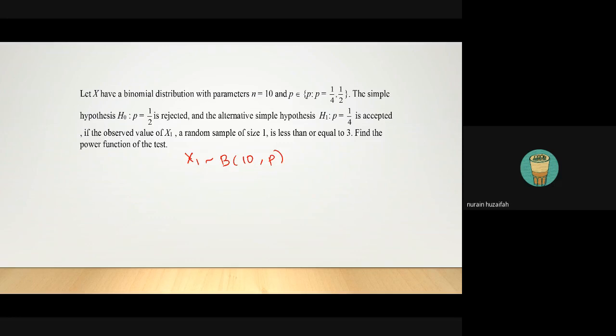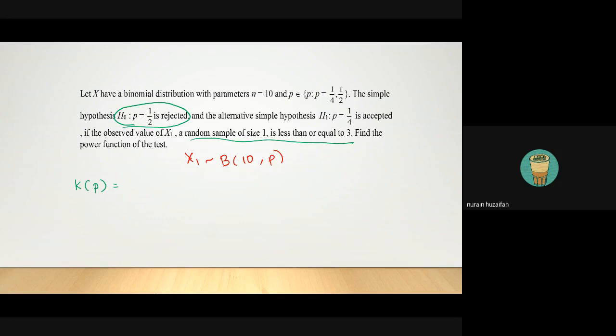So you just write in terms of the power of the test. Our rejection criterion is we will reject H0 when we have X1 less than or equal to 3. So if we write, the power K(p), the parameter, earlier theta because the parameter is theta.